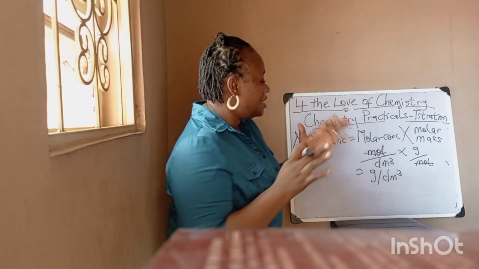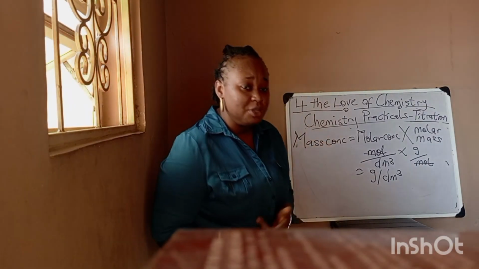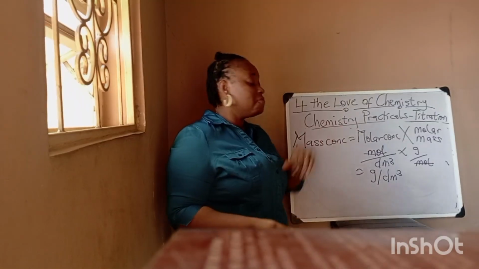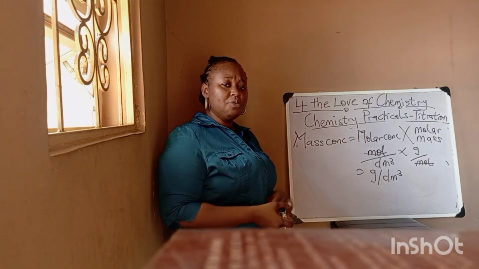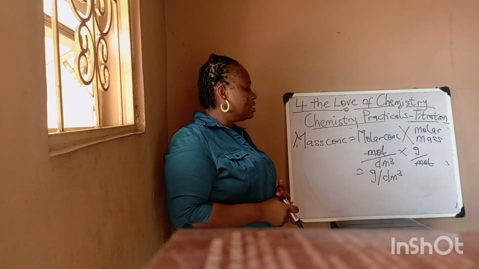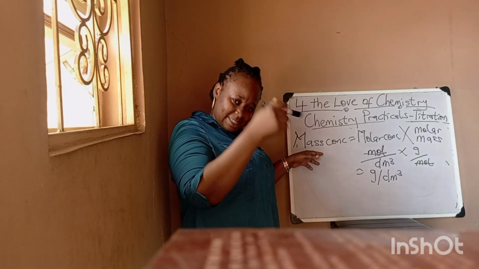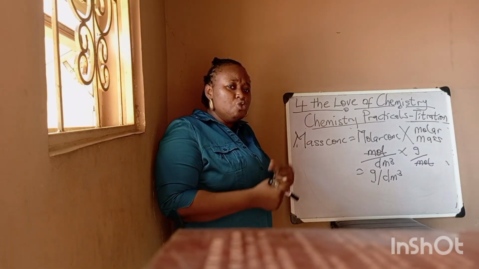So, do you see that in case you forgot the unit or the formula, you can use the units to remember? This unit is mass, so mass is in grams, and concentration has to do with dm cubed.